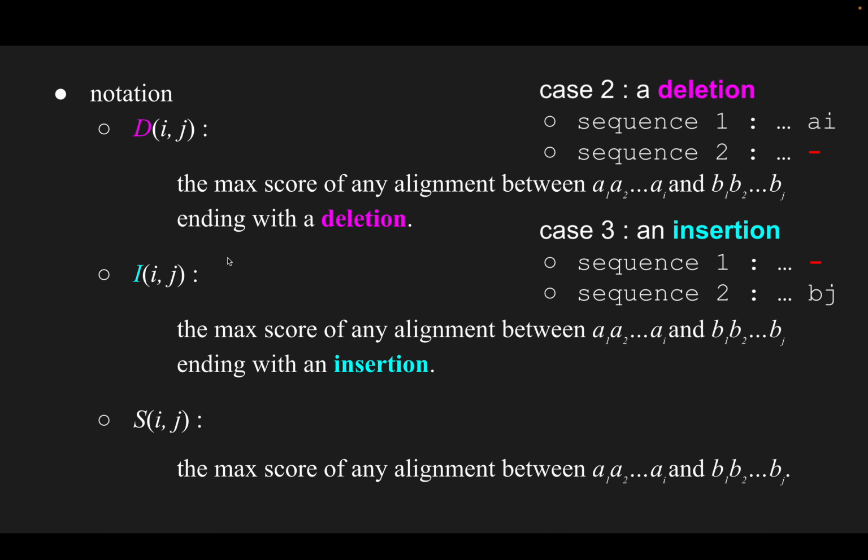And we denote Iij as the maximum score of any alignment between A1 to AI and B1 to BJ ending with an insertion. An insertion is a case when the gap symbol appears at the end of sequence 1. And finally, Sij means the maximum score of any alignment between A1 to AI and B1 to BJ.